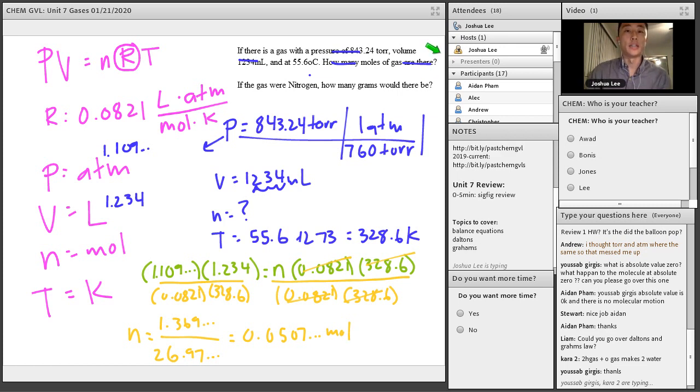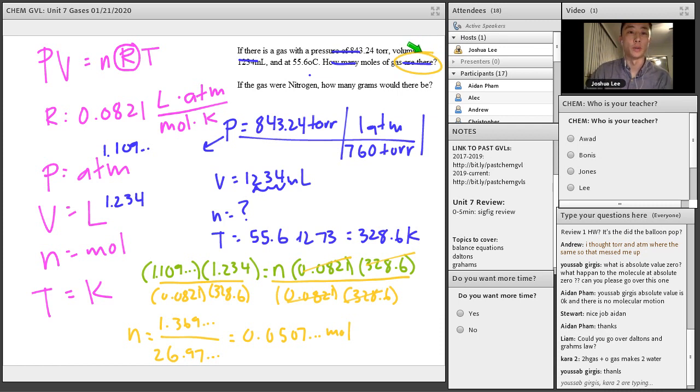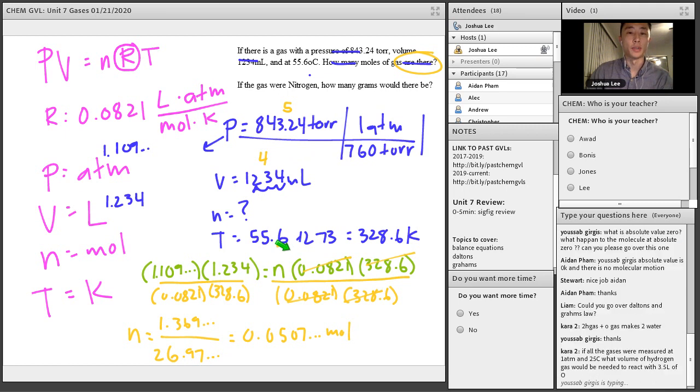So that was the answer for my first part. So how many moles? And I have to check sig figs real quick where, hey, my pressure had 5, volume had 4, temperature ended in the 10th place. So I want this to the 10th place. So that's 4. So the correct number of sig figs would be 4. So Aiden's sig figs were actually off.